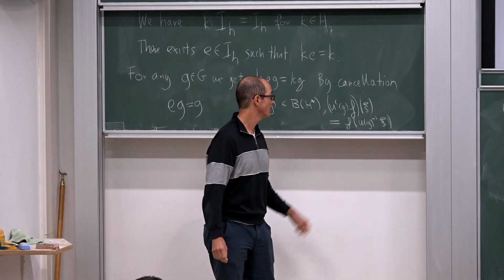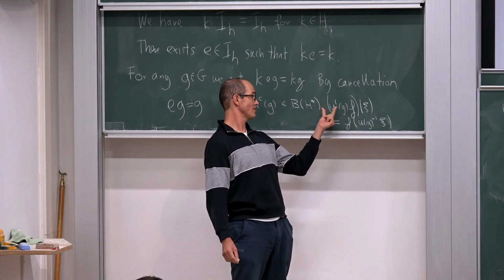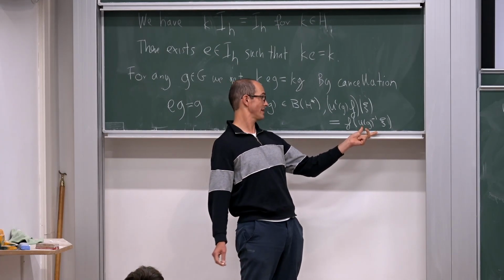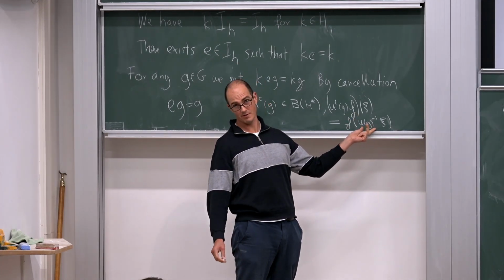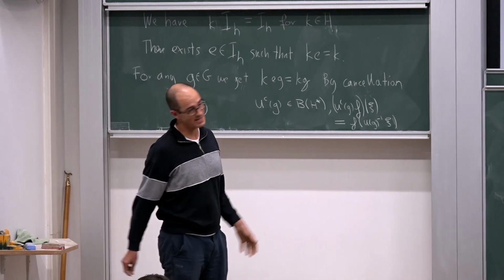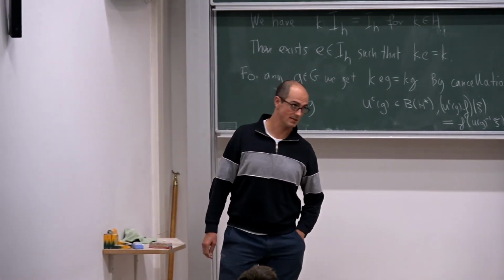So in reality, the contragradient is actually the transpose of U of G inverse. For a Hilbert space, of course, the dual you naturally identify with the conjugate space. So this is where this is coming from.